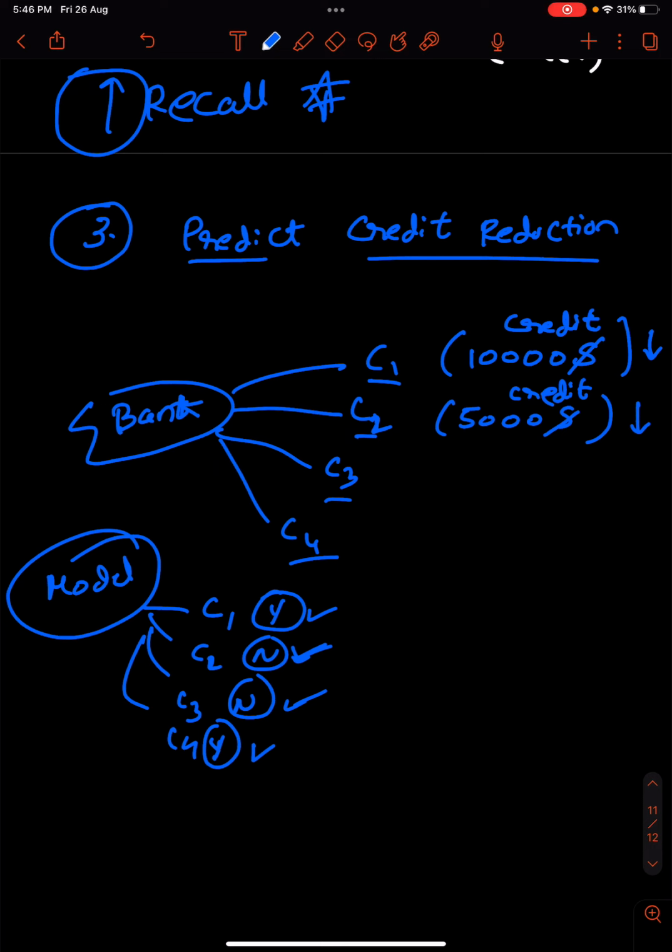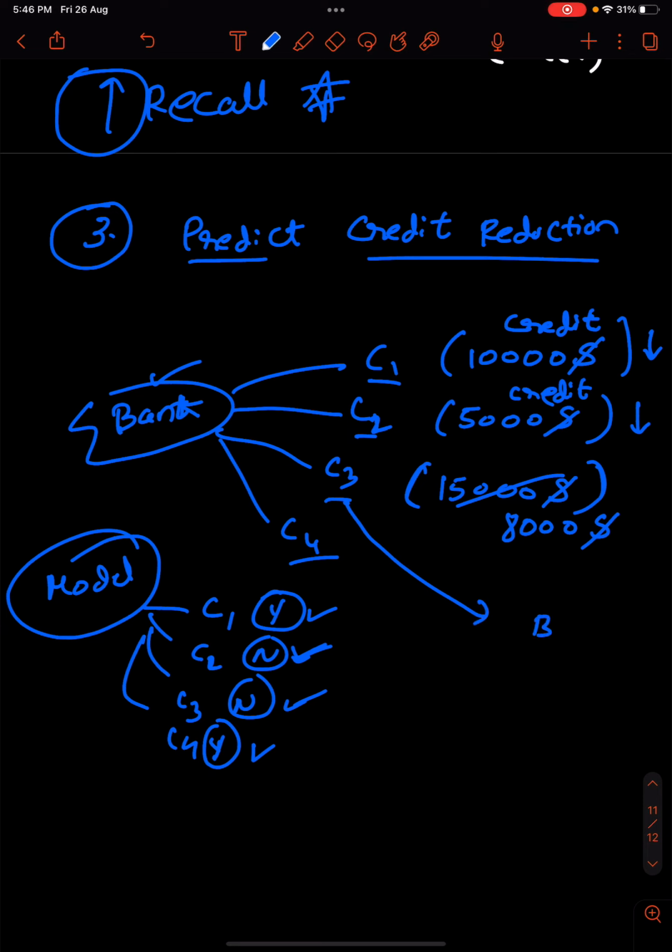Let's say the bank was initially giving $15,000 as credit for customer number 3, but suddenly the credit has been reduced to $8,000. Because of this step taken by the bank, customer 3 might decide to move to another bank, because that bank is giving him a better credit on the credit card. So there is a chance of customer attrition here based on what the decision would be.